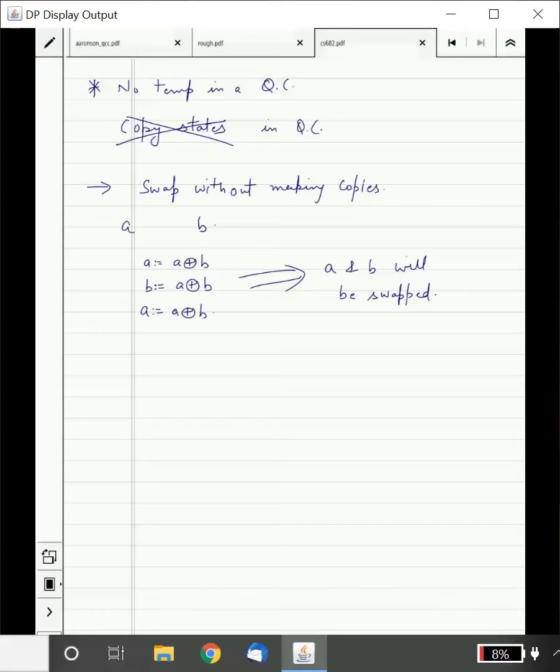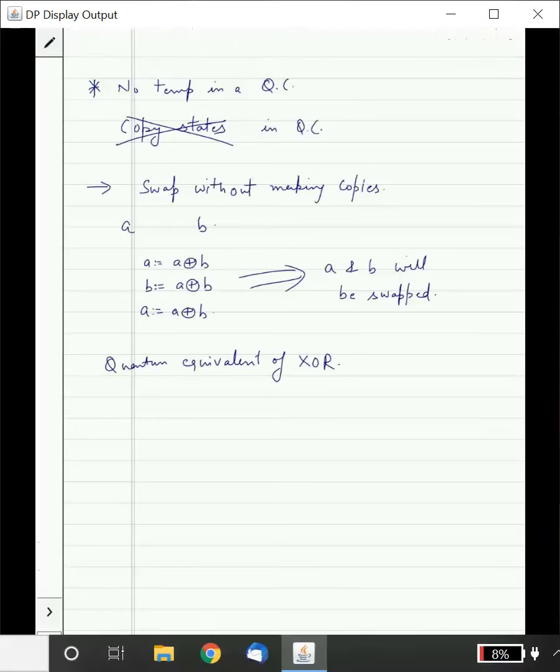And we know the quantum equivalent of XOR. This is going to be a very simple circuit to swap 2 quantum bits.